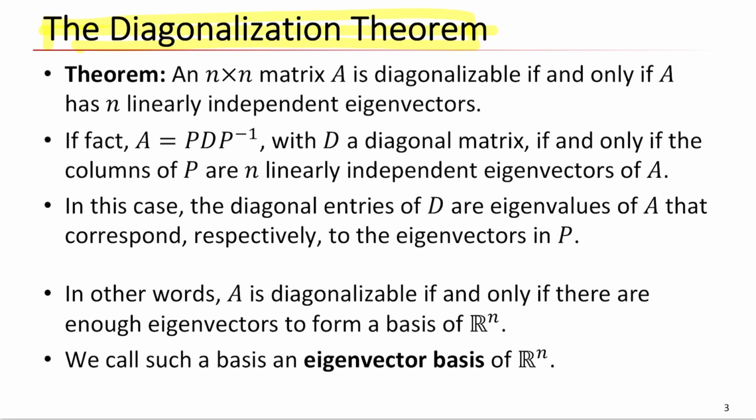First of all, an n by n matrix A is diagonalizable if and only if matrix A has n linearly independent eigenvectors. In other words, if matrix A has n linearly independent eigenvectors, then matrix A is diagonalizable.